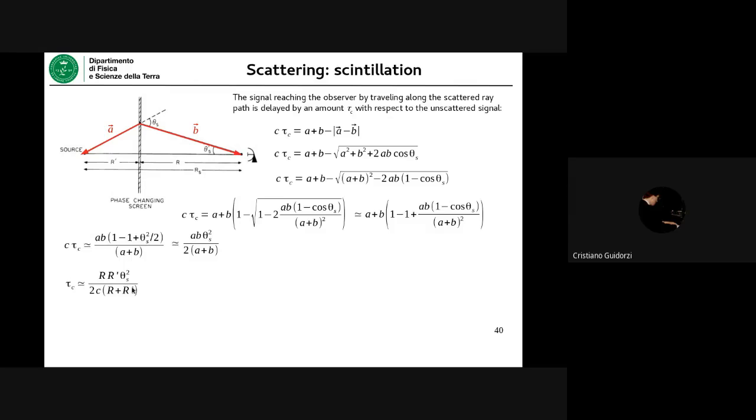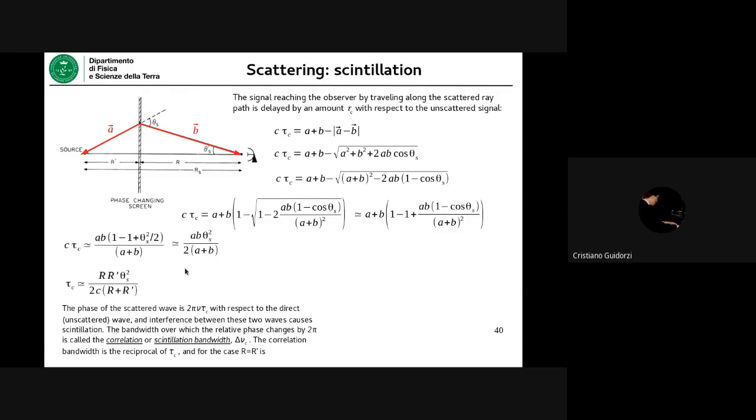Well, this is an exercise for first year undergraduate students, and you can calculate it with just a simple derivative. If you are smart enough, you see that the special position is when R and R prime are equal. That is the case which maximizes the time delay, so where the screen lies exactly in the middle.